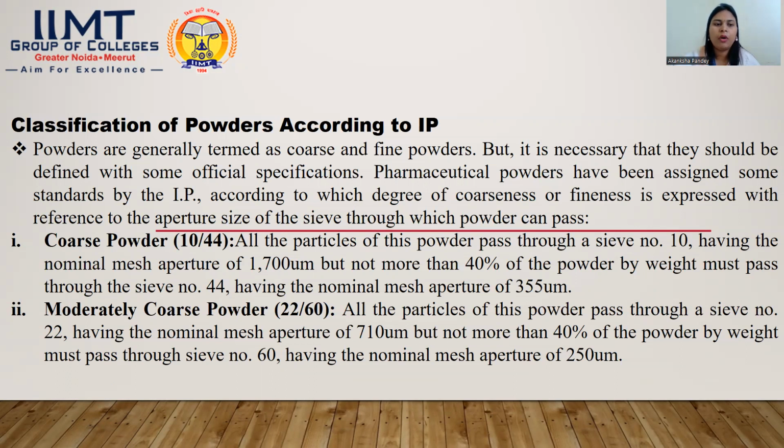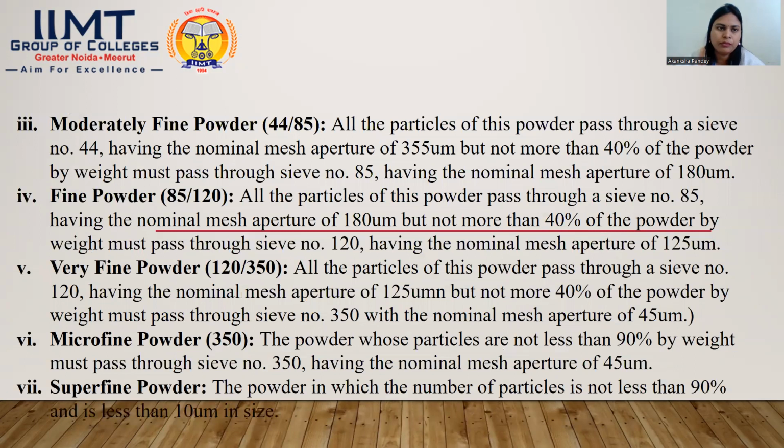If we talk about moderately coarse powder, sieve number 22 is the basic sieve through which the powder is passed. If we sieve again with sieve number 60, not more than 40% of the powder should pass through, and the powder between these two sieve numbers is always moderately coarse powder.